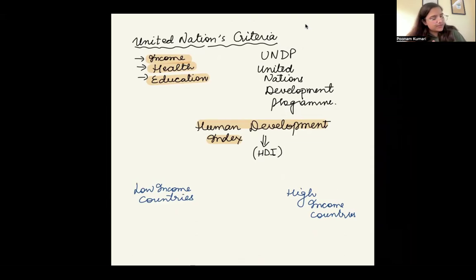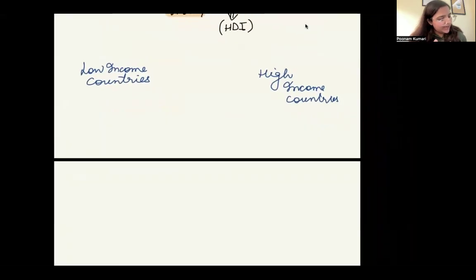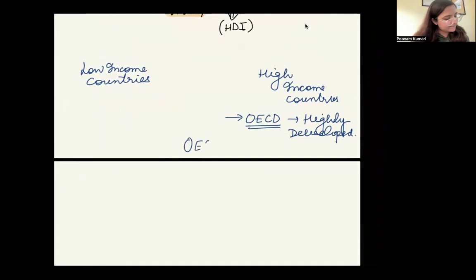So in high income countries, mostly our OECD countries are a part of them, so they are highly developed. What is OECD? What is the full form of OECD? Organization of Economic Cooperation and Development. Perfect.